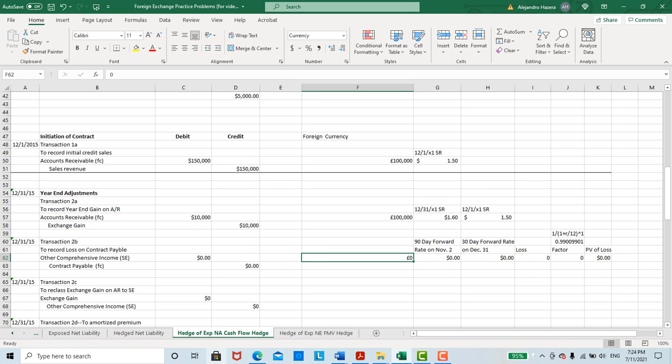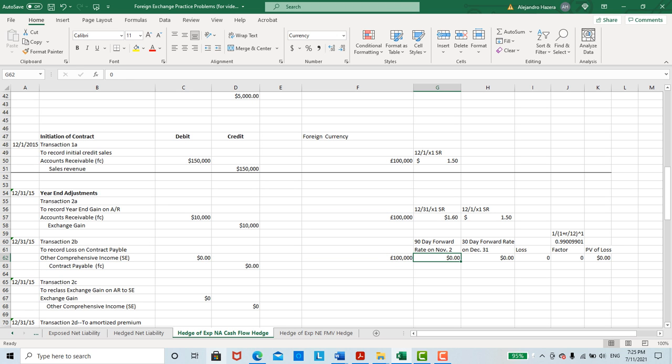I'll get my loss here, and it'll be the loss like we did last time. Then we're going to discount it using the present value formula right there. We know that our base number is 100,000 British pounds.